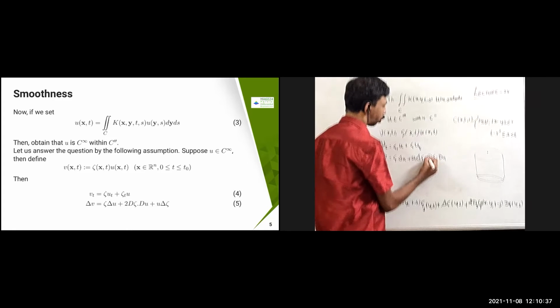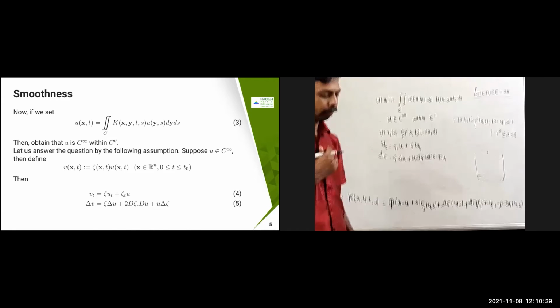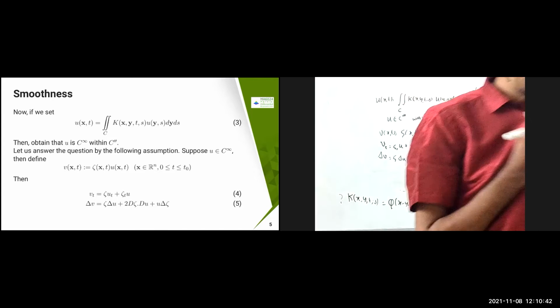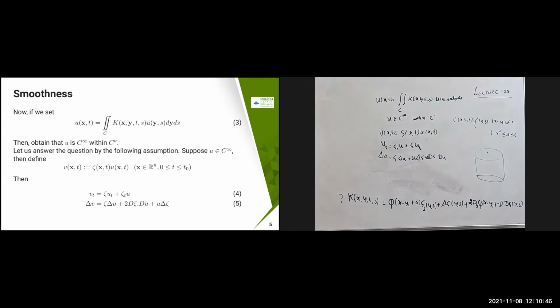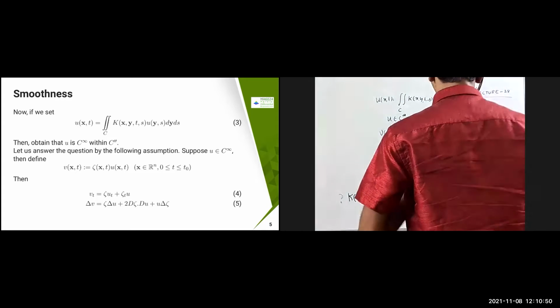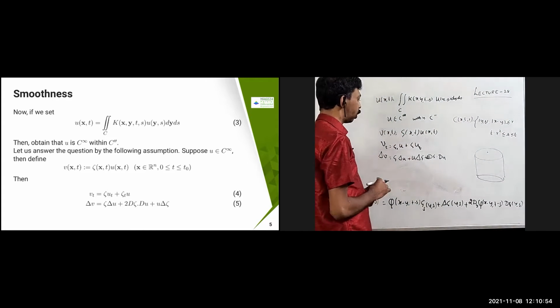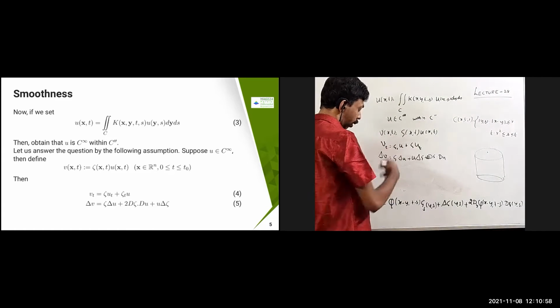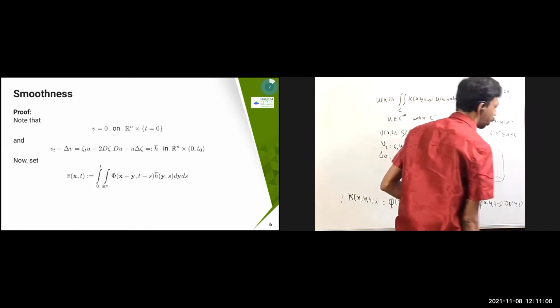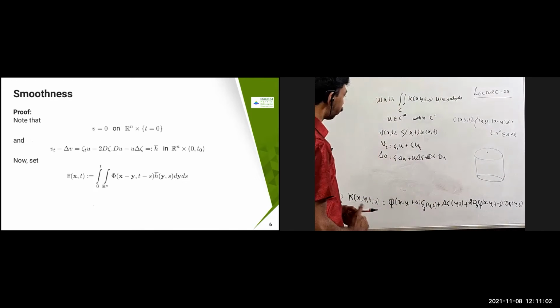So 2 into d psi du is going to come. So del v is going to be psi into del u plus u into del psi plus 2 d psi du. This is just a UV rule, product rule you can use that.